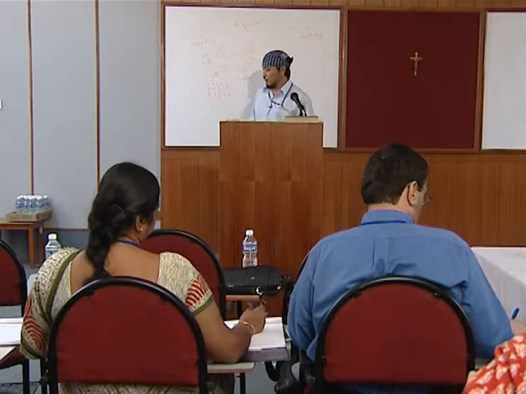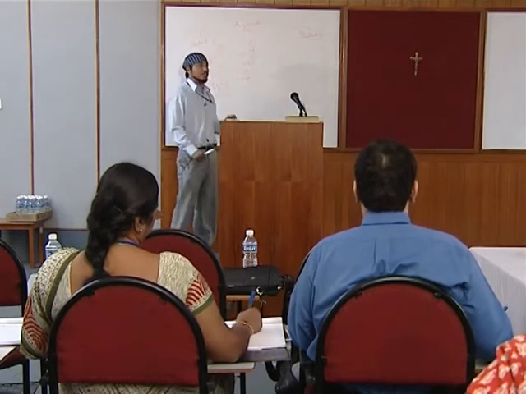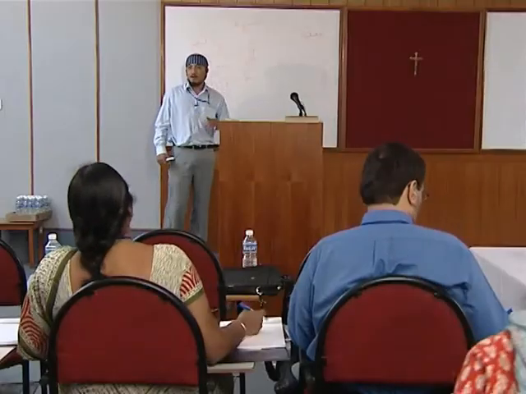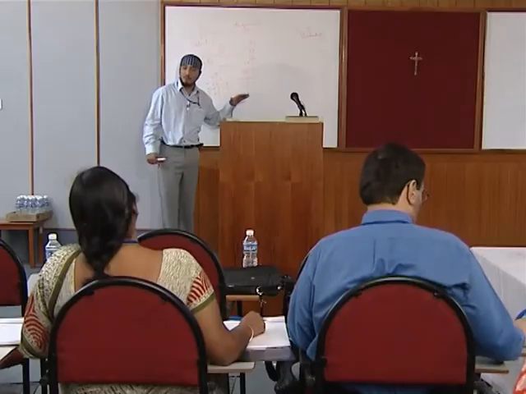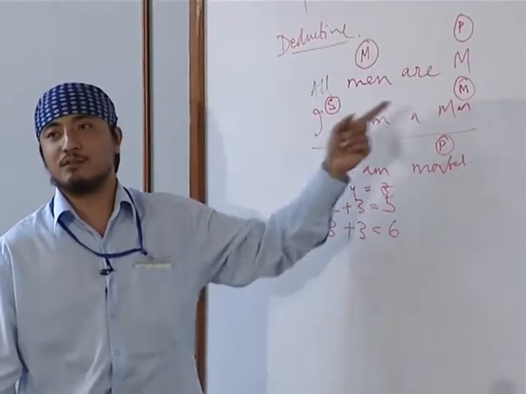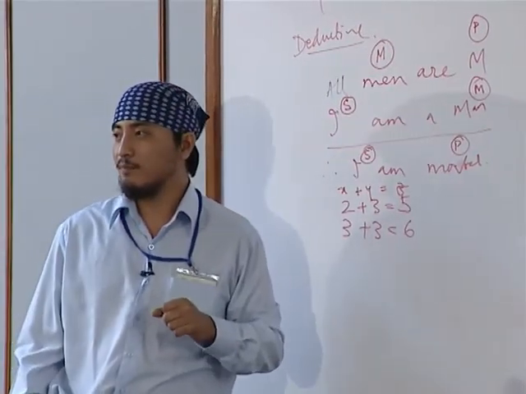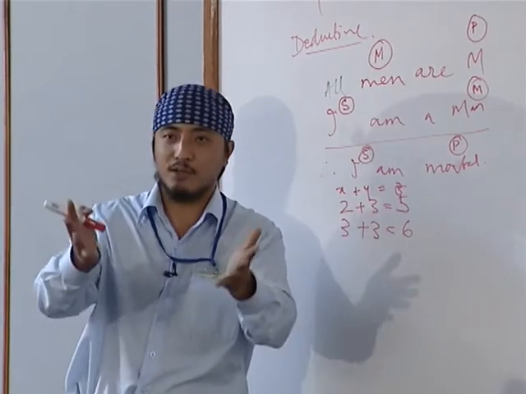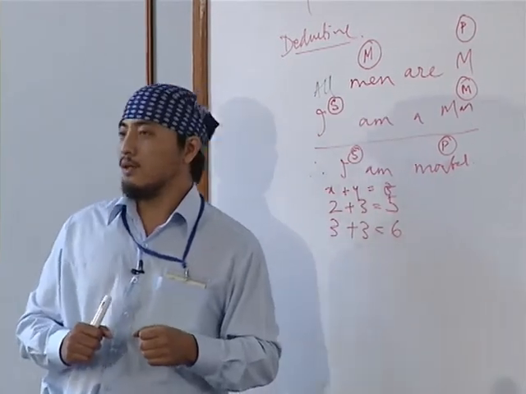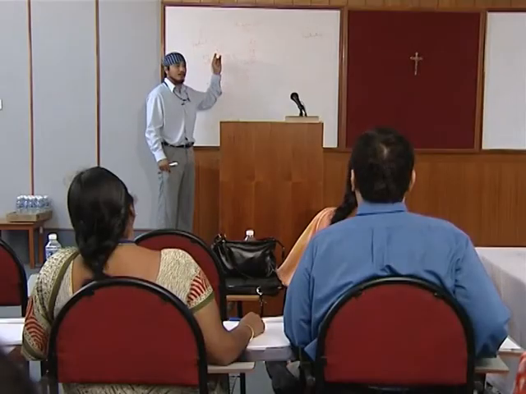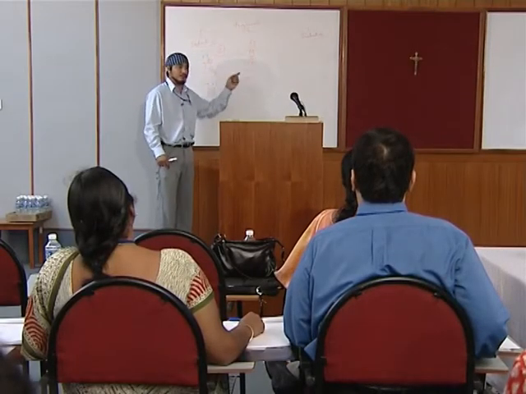Now, what happens if you have an argument which claims to be a deductive argument, but on deriving its form, you see that it does not have this structure? That is, you are given an argument, and then you start deriving its form by replacing all the constants with variables.